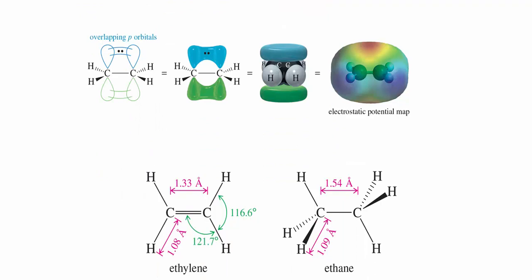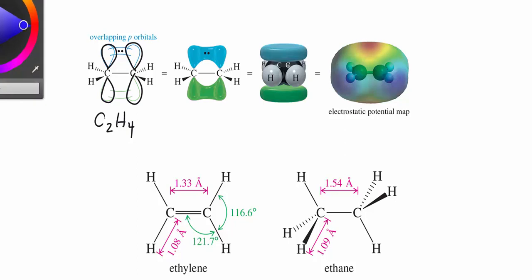So in this case, where we have C2H4, we have overlap between the unhybridized p orbitals, and that is going to form your double bond, the double bond that you see here.